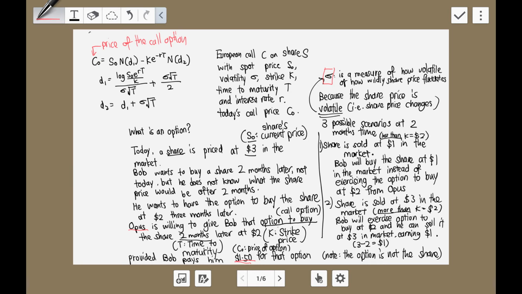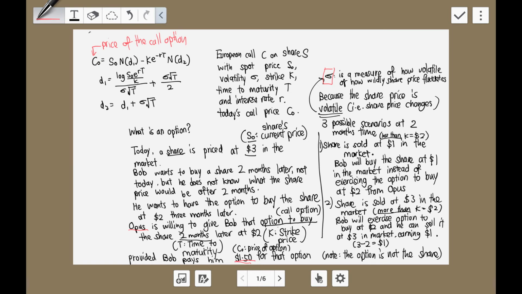So let's see in these 3 scenarios, what would Bob do? If the share is sold at $1 in the market, that means buyers and sellers are buying and selling the share at $1. Bob, as a buyer, will buy the share at $1 instead of exercising the option to buy at $2.